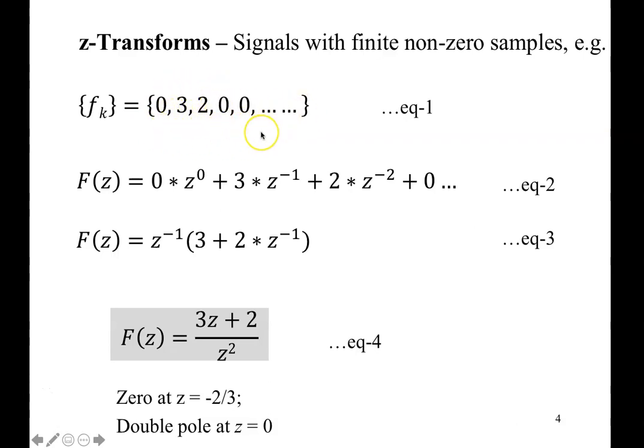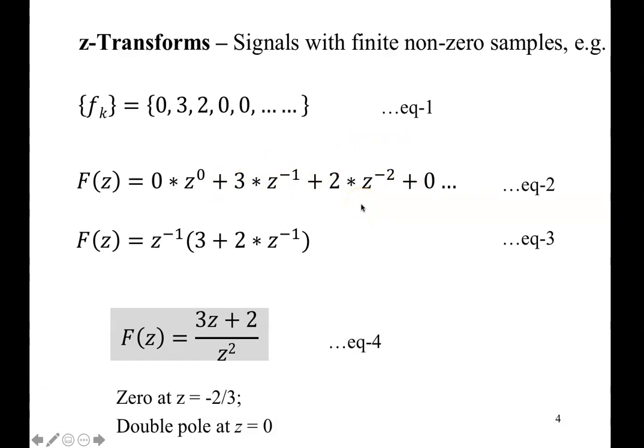All the others are zero. Then the transform becomes very easy, because the first one is z to the power 0, this number 3 times z minus 1, 2 times z minus 2, and all the rest will be zeros. So I only have two terms here, 3z minus 1 and 2z minus 2.